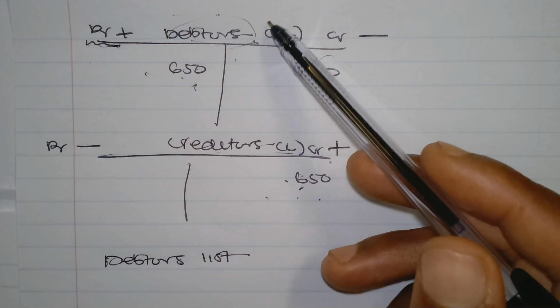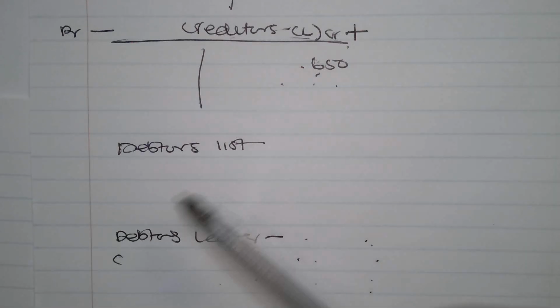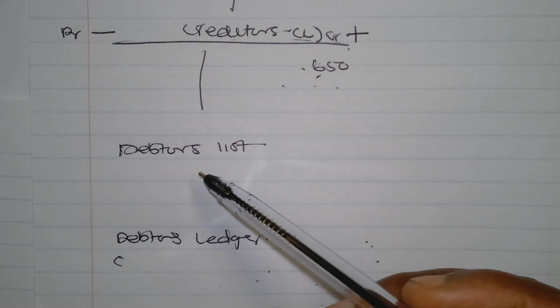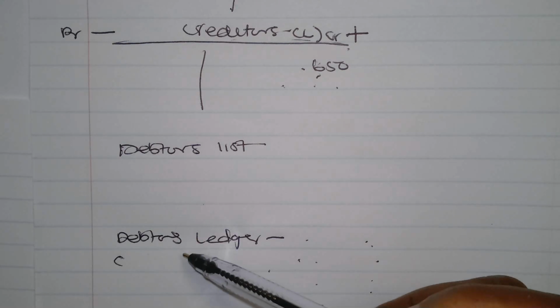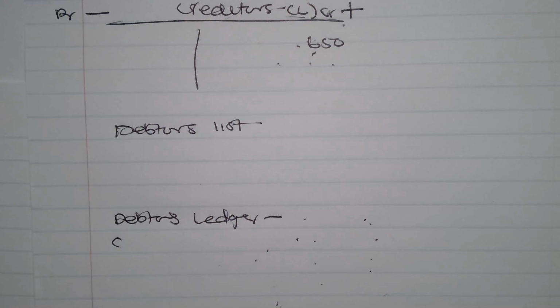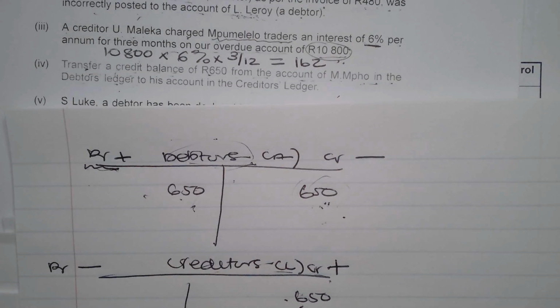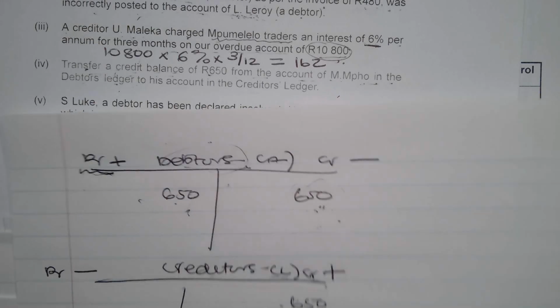But the debtors control is a summary of all the people that owe you, which are on the debtors list, and then the debtors ledger individually shows that Mpo paid, Mpo took, Mpo paid, Mpo took. But they all sum up to the debtors control. The creditors control works like that too.